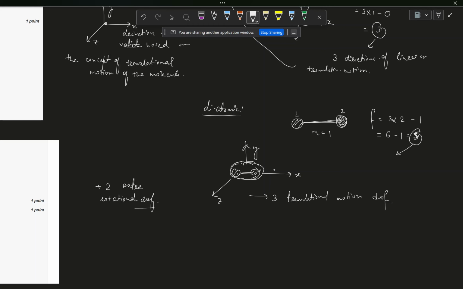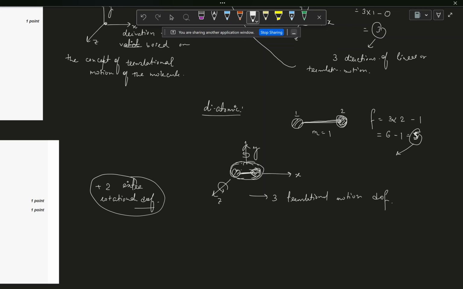They can rotate taking the y axis as the rotational axis, or the z axis as the rotational axis. But they cannot rotate along the bond direction, because the 2 atoms are linked by a bond. So along x it is not possible, but y and z are free to be rotational axes. These are the 2 extra rotational degrees of freedom which come into the picture when you are considering more than one atom.